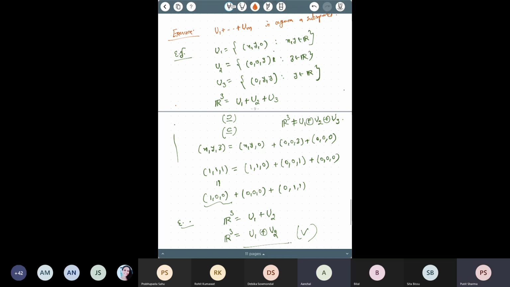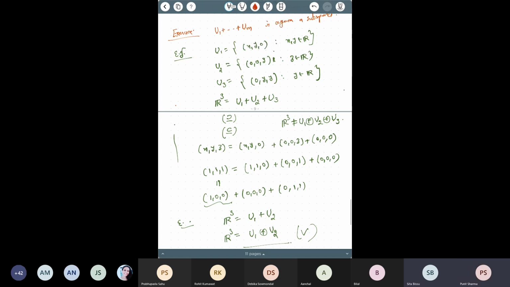So what is it? Sir, empty. It will never be empty. There would be a 0, the zero identity will always be there. Sir, if V equals U1 plus U2 plus so on up to Um, and the intersection of any two subspaces is 0, then this will be a direct sum. Yeah, so that's what I'm saying.